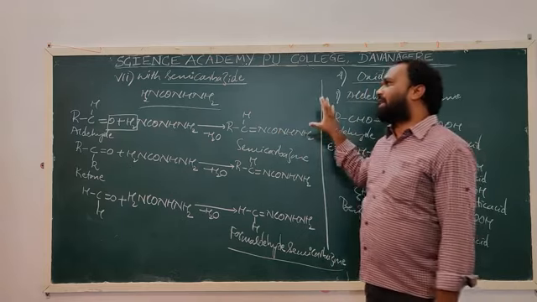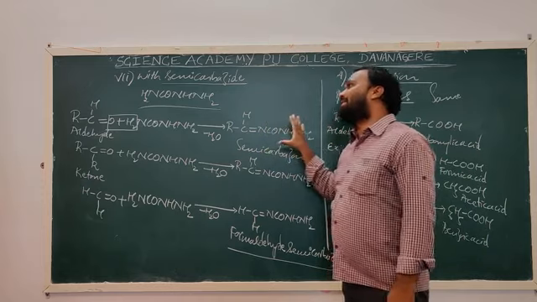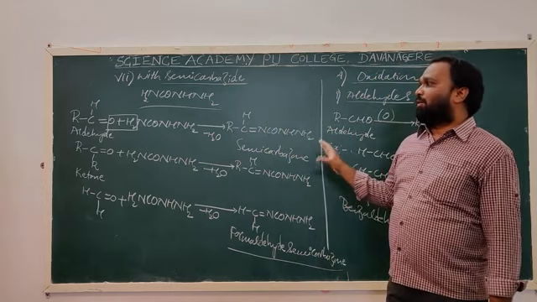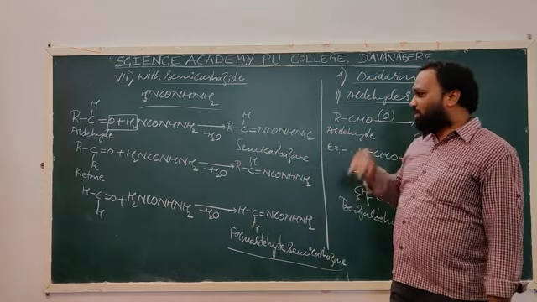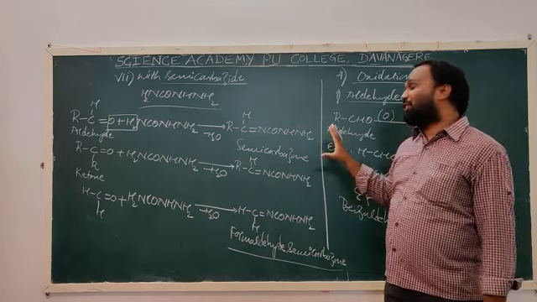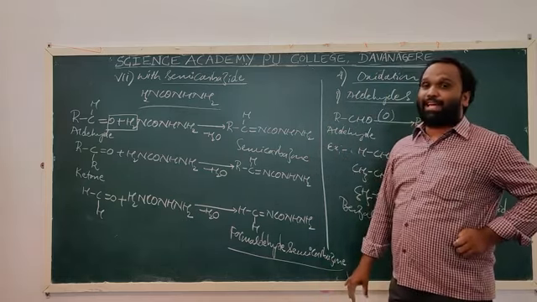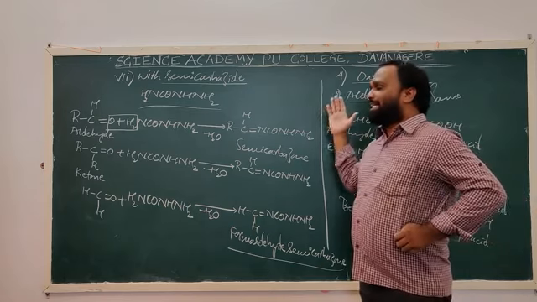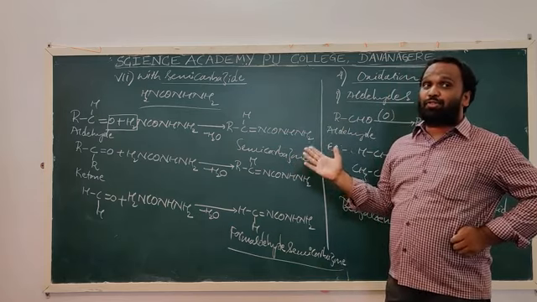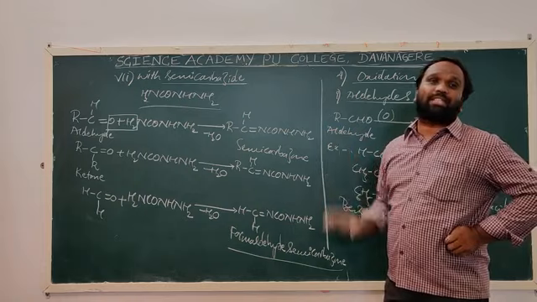These reactions appear to be simple, but while writing, if you don't know the formula, it becomes very difficult to write the equation. Therefore, it requires regular practice to remember the name of the reagent.